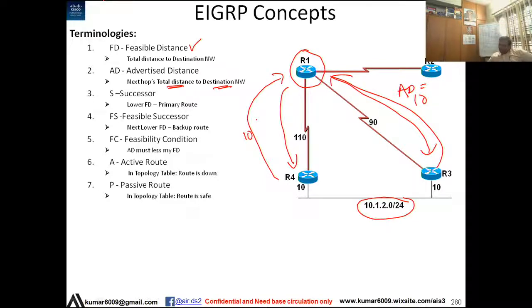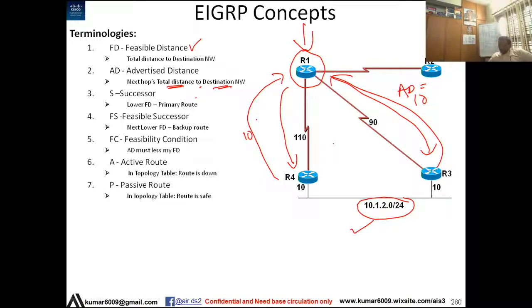R1, you are here and you want to go to the 10 dot network. What is the total distance via R3? 90, some number I have given for discussion purposes. 90 plus 10. How much? 100. What is the total distance via R4? 110 plus 10, 120. Which is the lowest distance? R3.